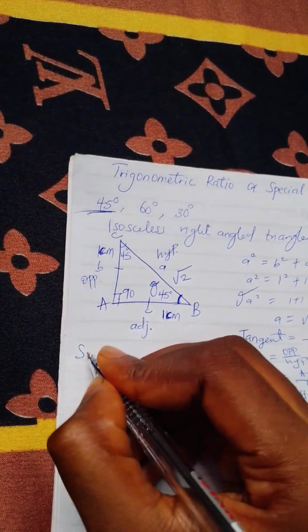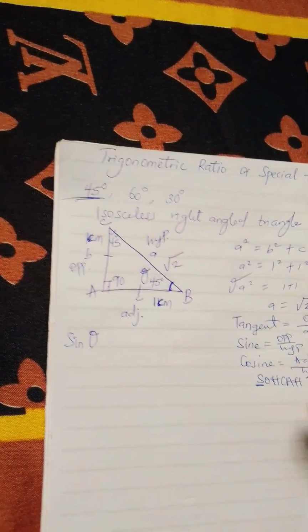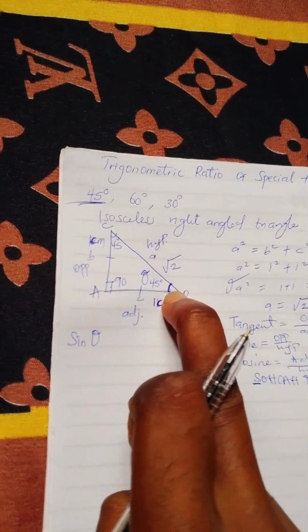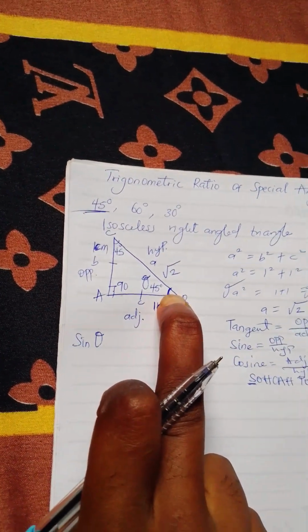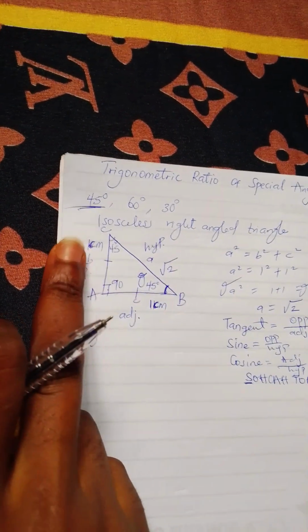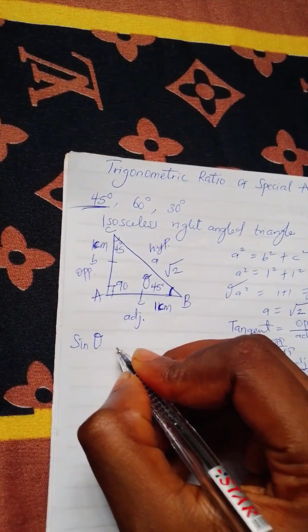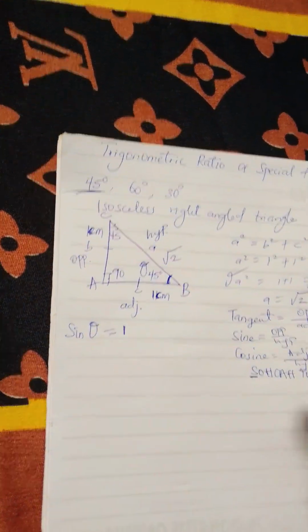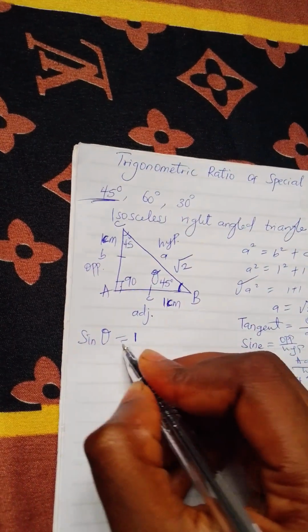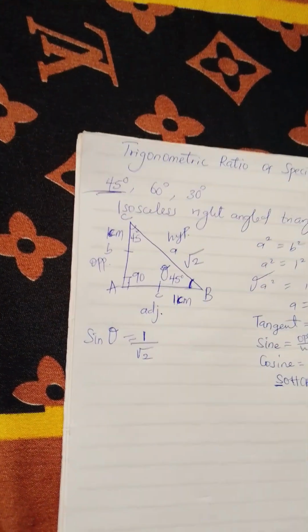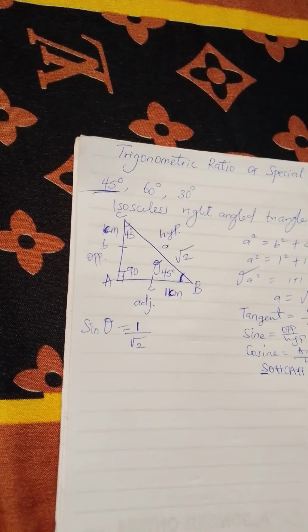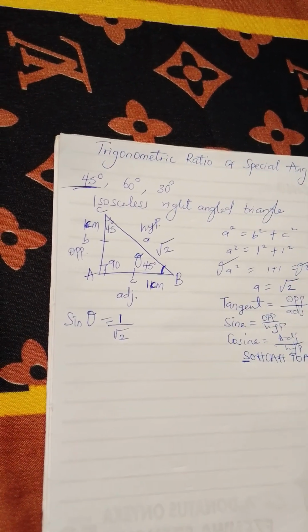Sine here is opposite over hypotenuse, and if we are using this angle as a reference point, it means that my opposite is going to be here, and this is 1 centimeter, and my hypotenuse is here, which is root 2. So it means that sine theta for a 45 degrees angle is 1 over root 2.